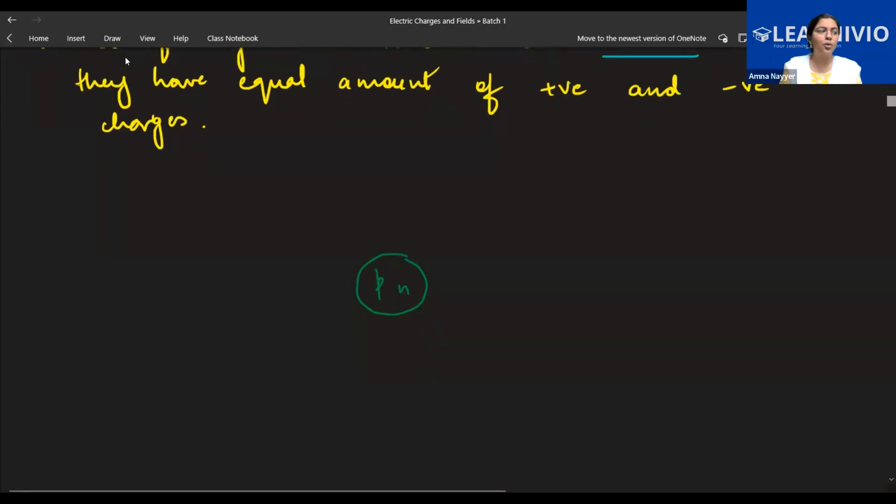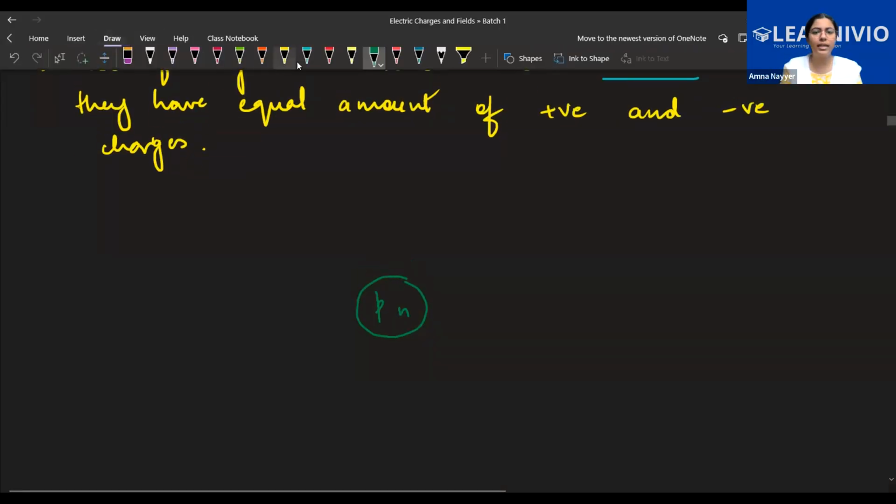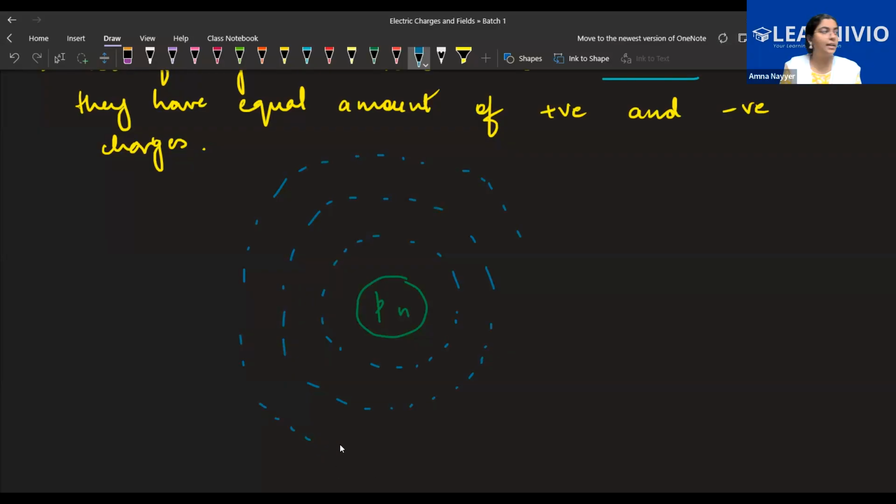And surrounding this, there are various shells, or various orbits, present around the nucleus, and each orbit is unique for holding its electrons. This is how an atom is made.